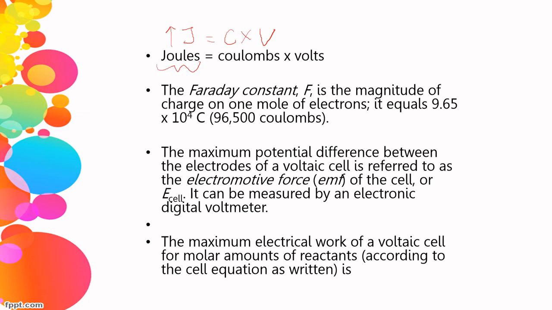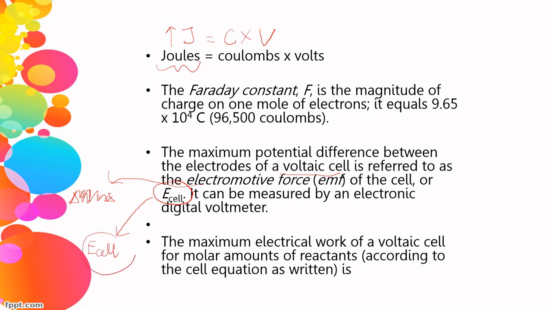The maximum potential difference between the electrodes of a voltaic cell is referred to as EMF. This is the maximum amount of work, or the maximum potential difference, which we also regard as E cell.